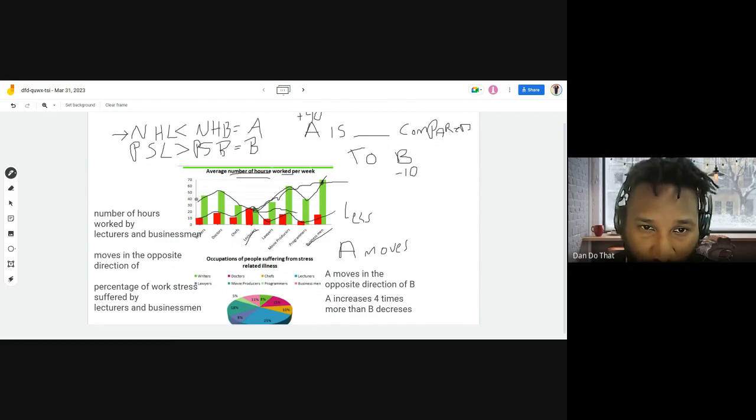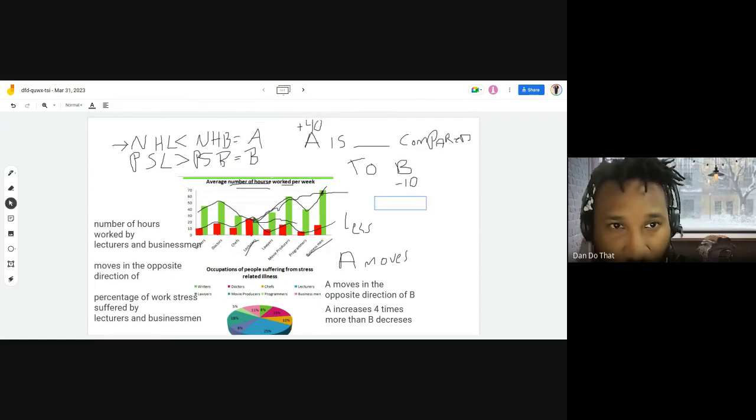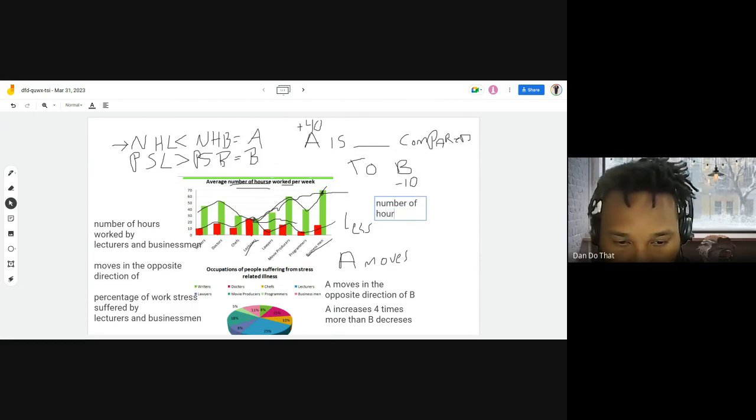So you're just going to talk about trend number 1. This is number of hours across all jobs. They go up and down.